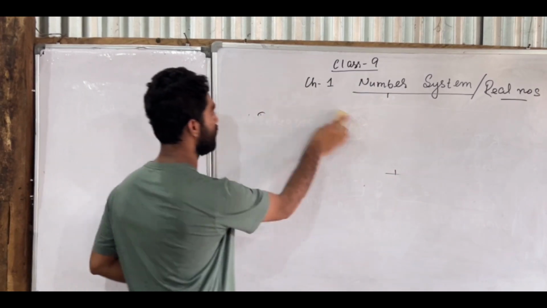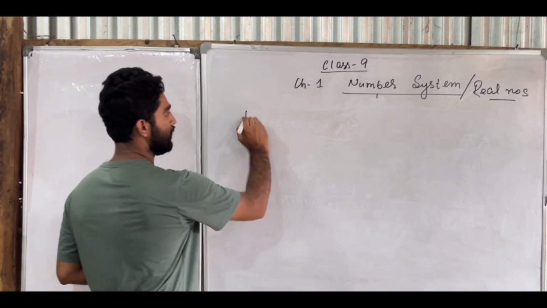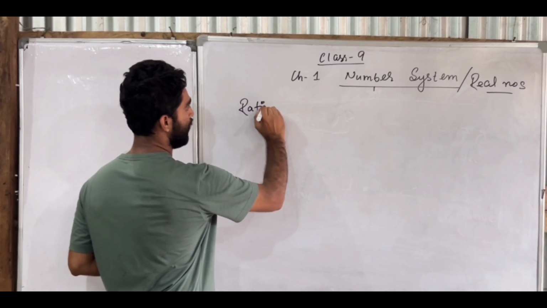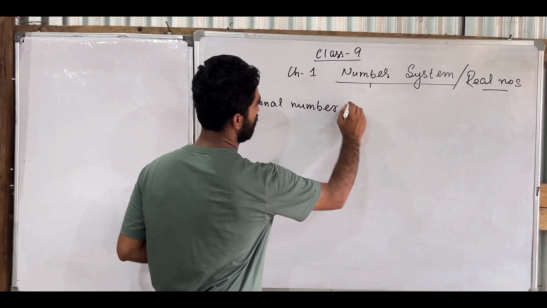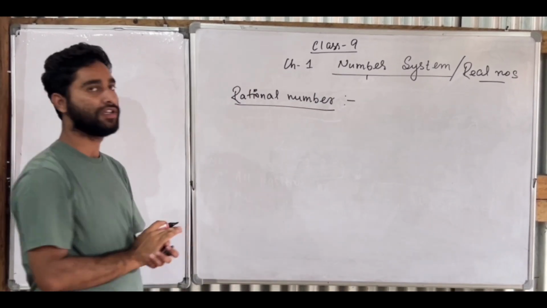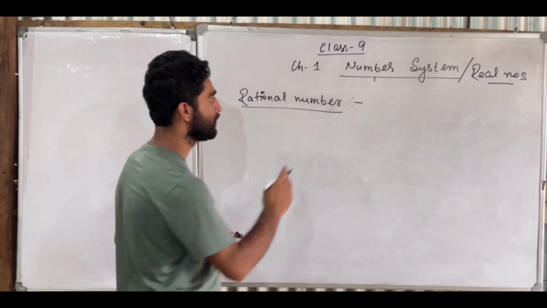Now next type of number will be rational numbers. So the definition of rational number, it is given in the book like this.